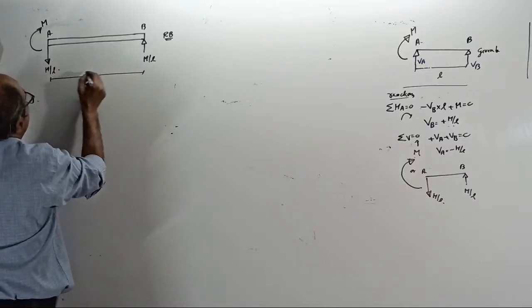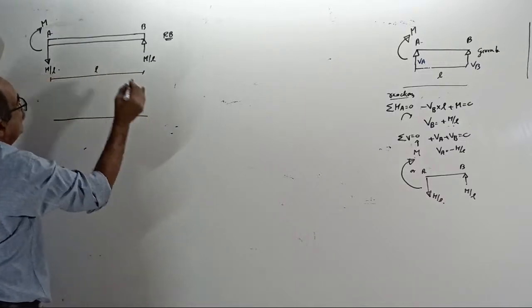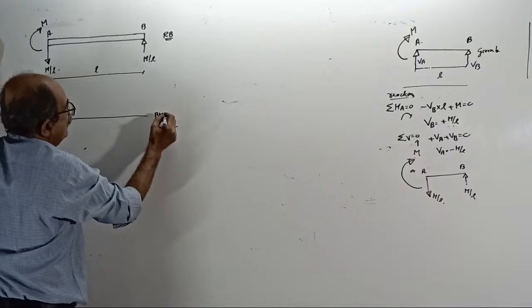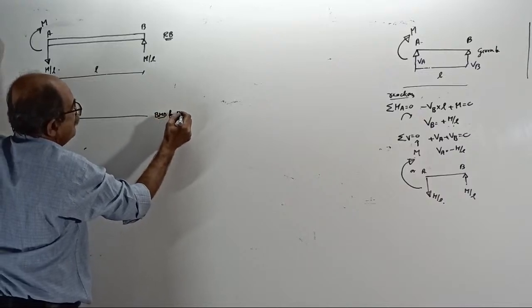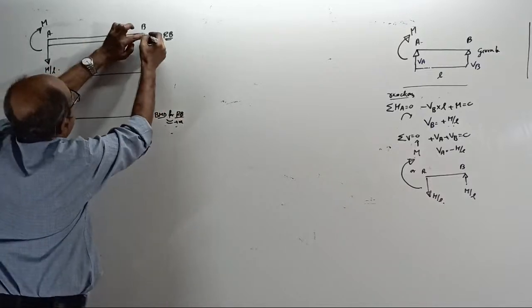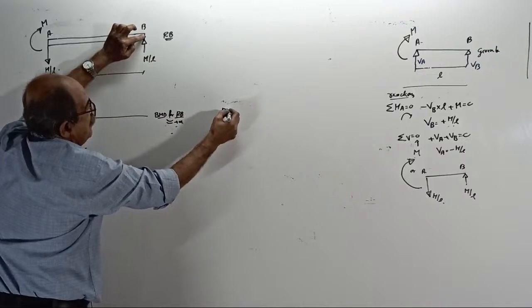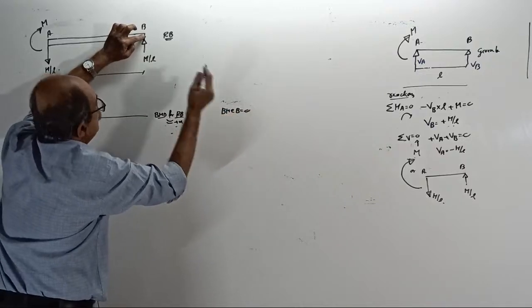Okay. Now, draw the BMD for the real beam. Tell the answer. This is the BMD for the real beam. Very important: sagging positive. BM at B is 0.